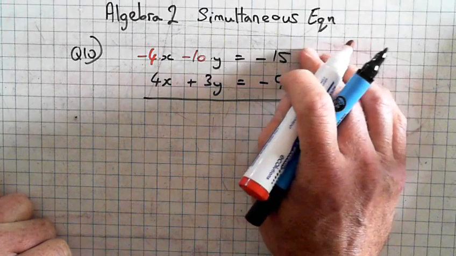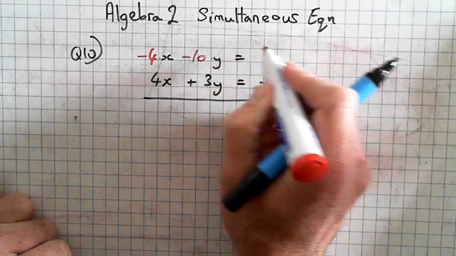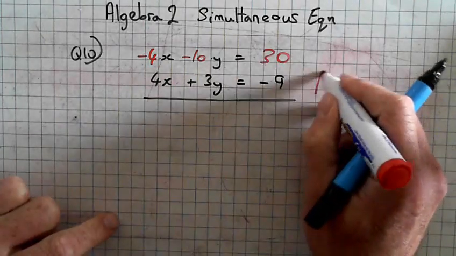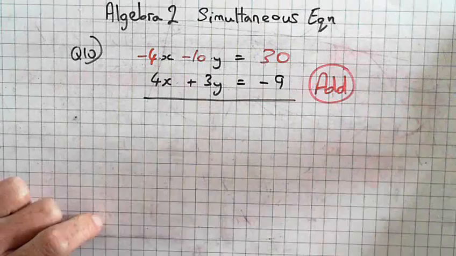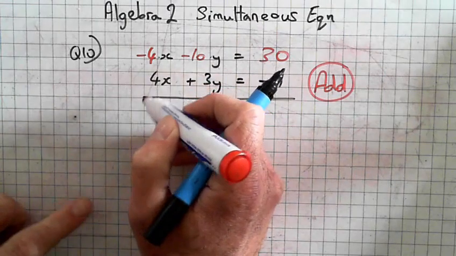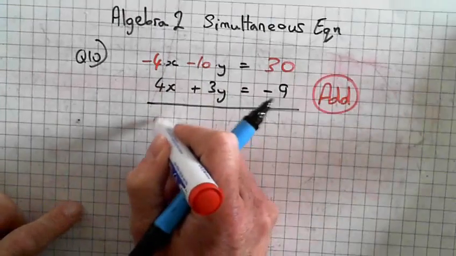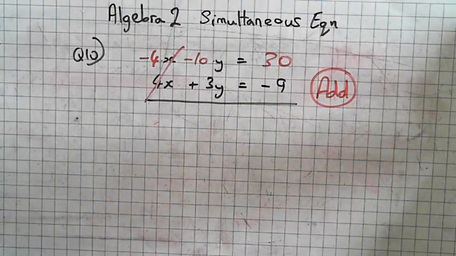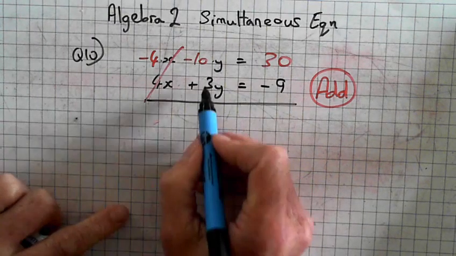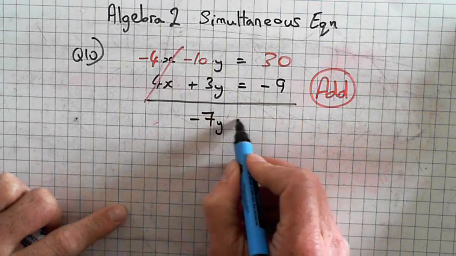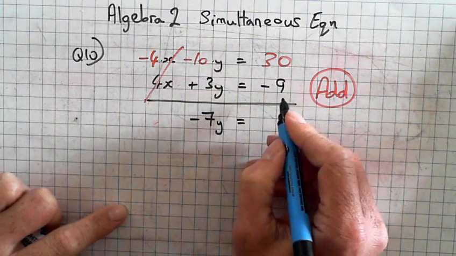Multiply minus 15 by minus 2, 30. Now when I add, does anything cancel? What's minus 4 plus 4? It's 0x. I'm not going to bother writing that down. That means it doesn't exist anymore. Minus 10 plus 3? Minus 7y. And 30 minus 9?